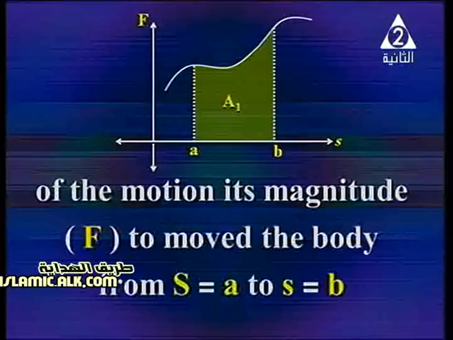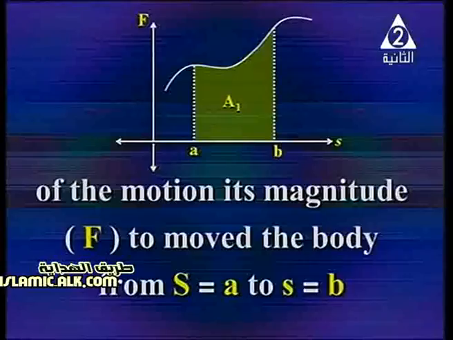The curve is the magnitude of F needed to move the body from S equals A to S equals B. The body moves from A to B. The curve represents the force F against S from A to B.